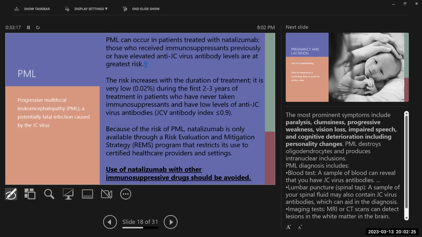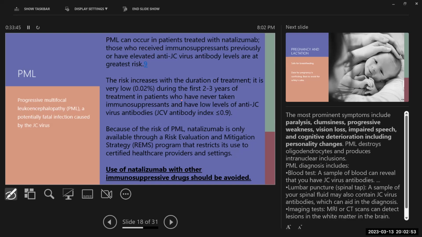If you give the patient a blood test, you will detect antibodies against the JC virus. You will also detect JC virus if you do a lumbar puncture. This virus also attacks oligodendrocytes and destroys them. So this is the big downside to natalizumab.